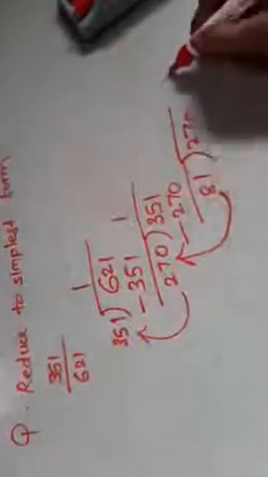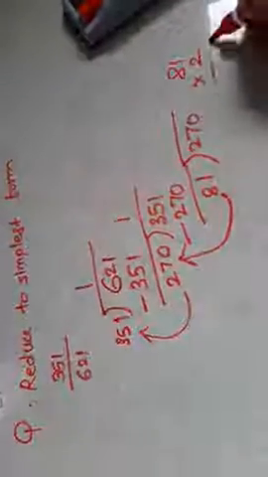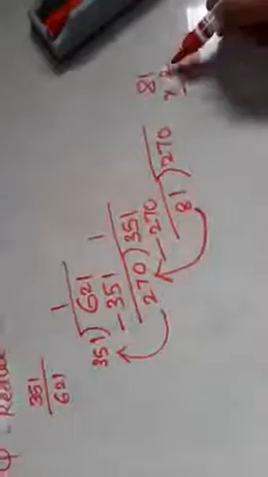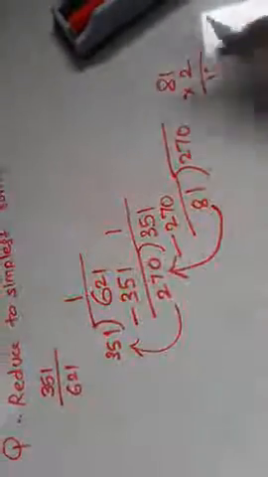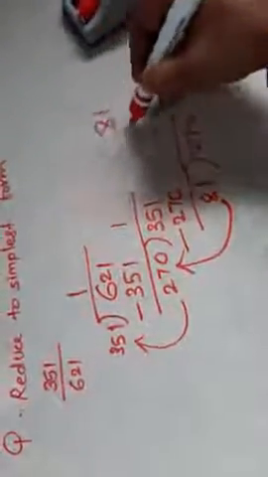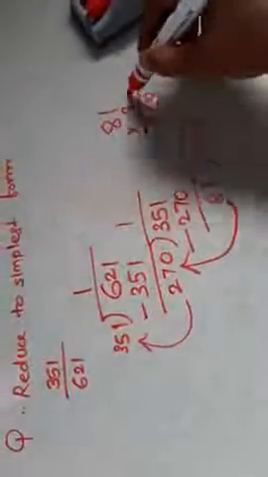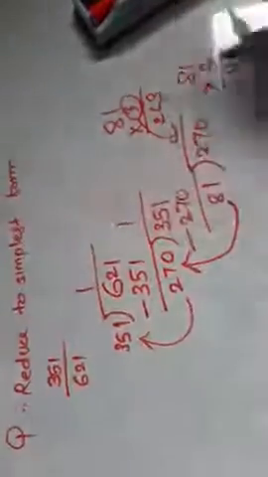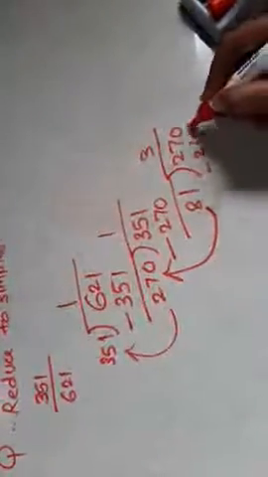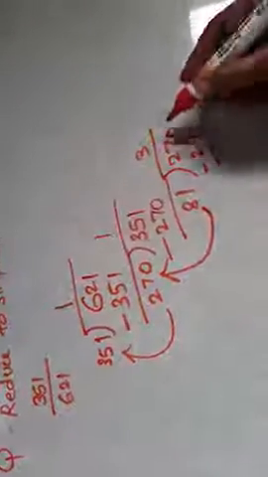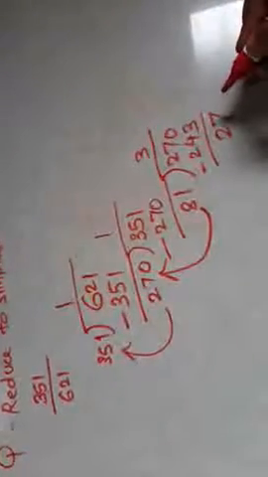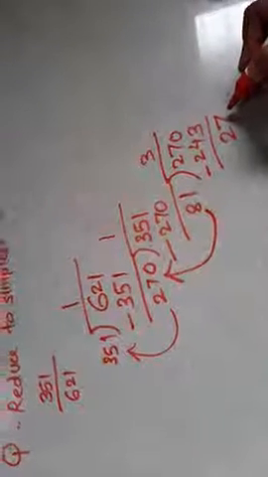So 81 2s we will check. 81 2s is 162. Again 3s we will check. 81 into 3 will be 243. So this is near to 270, so instead of 2s, we will take 3s. So here 3s, and subtracted by 243, the subtraction will be 27.